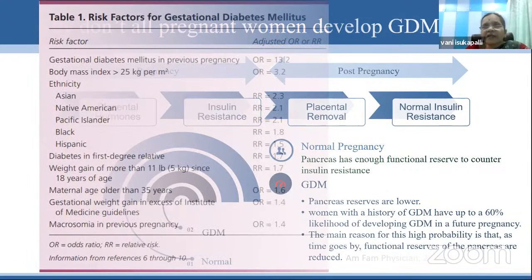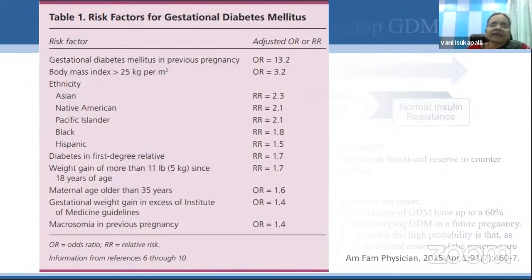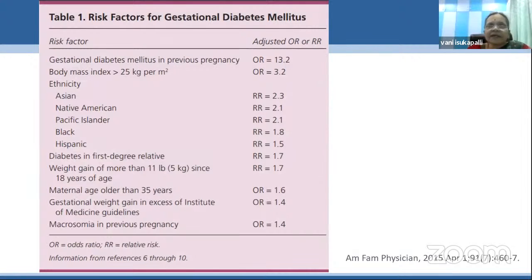So basically, we can predict in which cases gestational diabetes is more likely. If a woman had gestational diabetes in a previous pregnancy, yes, it is a risk factor. If the woman has a body mass index more than 25, it's an independent risk factor. And the ethnic group, that is the Asian group itself, is at high risk for diabetes mellitus.